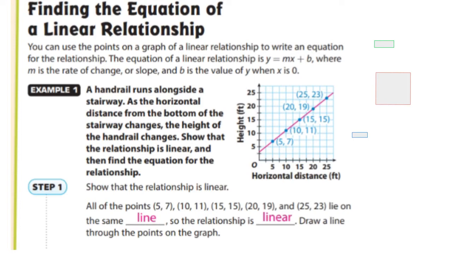Okay, moving on in the same page that we were before, you're going to see that we have an example, and most of it's done for you, but we do fill a couple of things out. A handrail runs alongside a stairway. As the horizontal distance from the bottom of the stairway changes, the height of the handrail changes. Think of it as you're standing at the bottom of the steps, and that's your handrail.